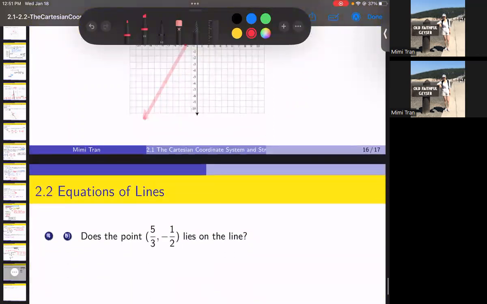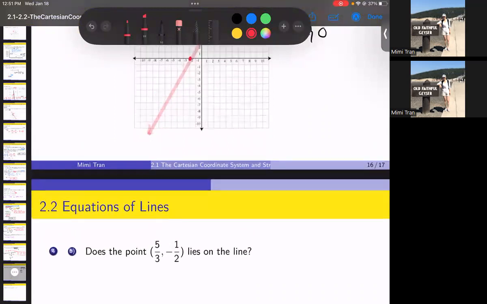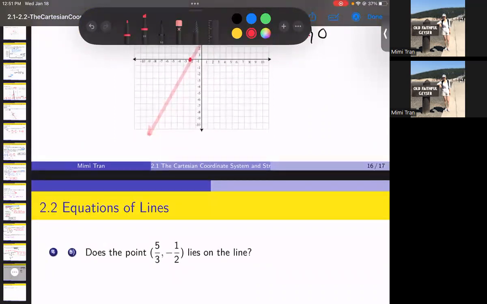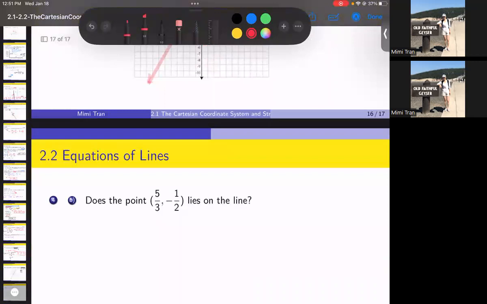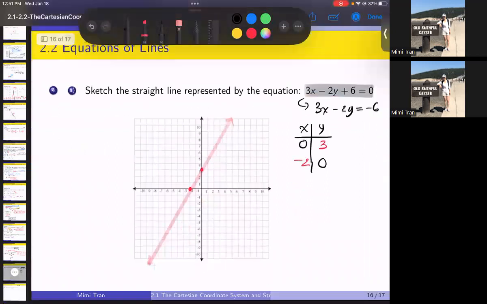Does the point 5/3 and -1/2 lie on the line? How do I answer this question? Copy the problem.